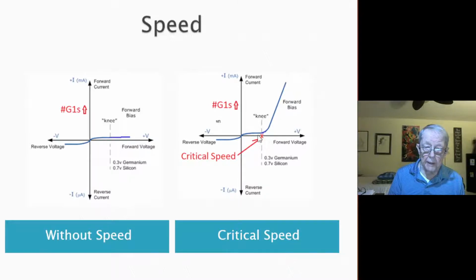What I'm saying is that you've increased it enough that the speed has reached a critical point where it starts missing. It doesn't lose this much. It loses less. And so that's what explains the curve.